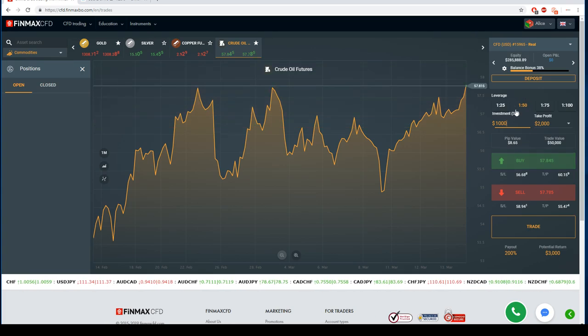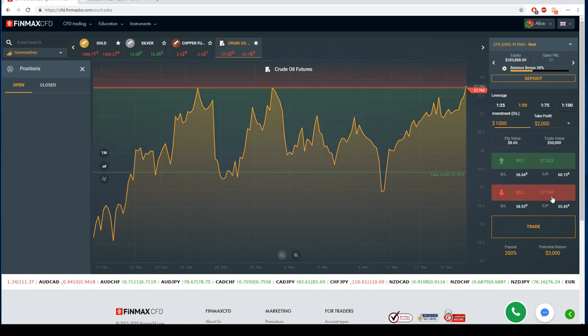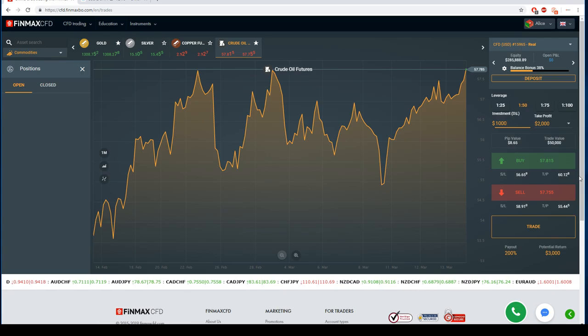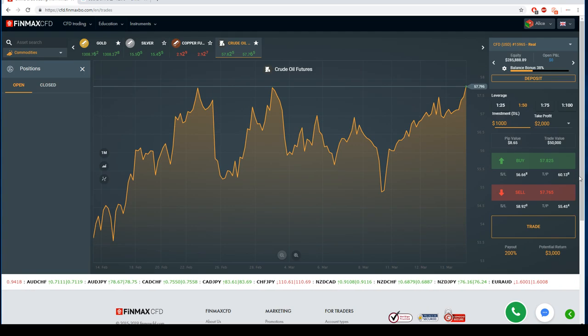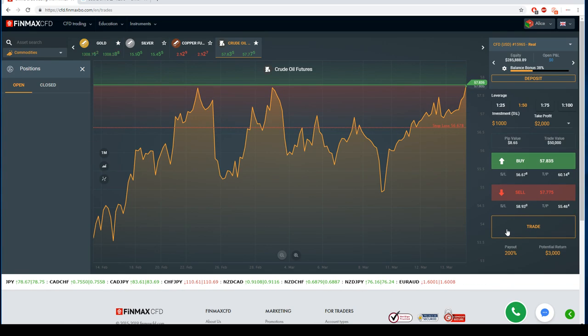The leverage I prefer to select not that big. 1 to 50 is still pretty big, but I'm going to select it because the event is volatile. We have the opportunity to make some money within short periods of time, and our biggest risk is $1,000 because CFD offers a guaranteed stop loss. So we are in.